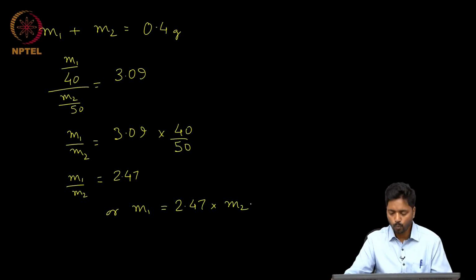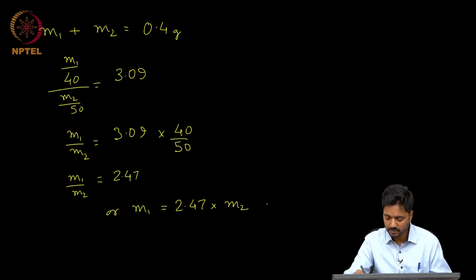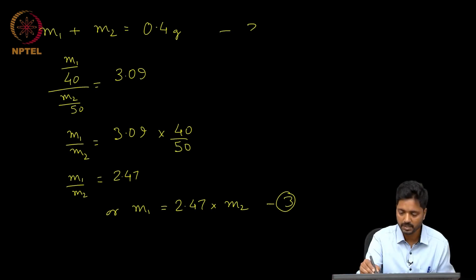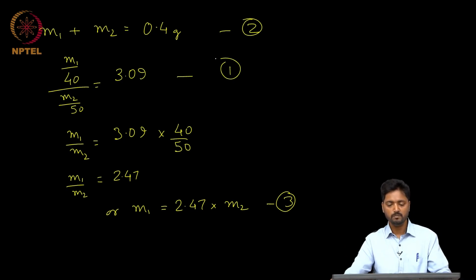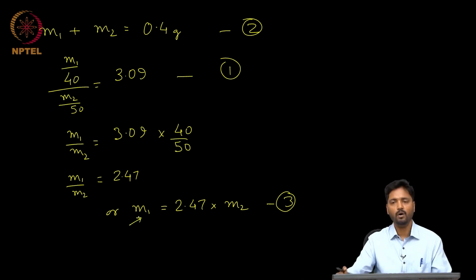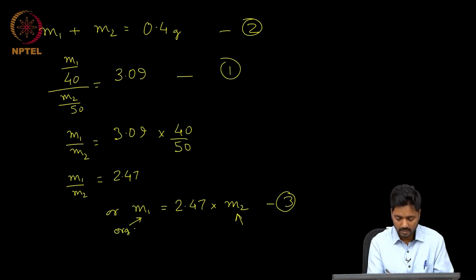This is our equation 3, this is equation 2 and this is equation 1. From equation 3 it is very clear that more of the drug gets partitioned into the organic layer, and much less remains in the aqueous layer, which is given by M2.